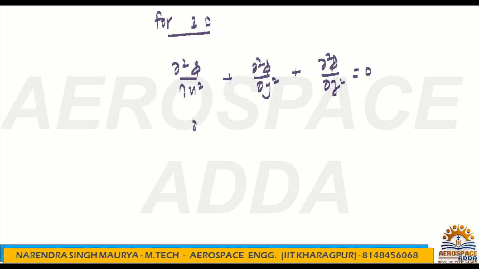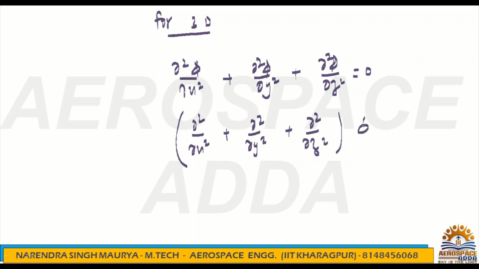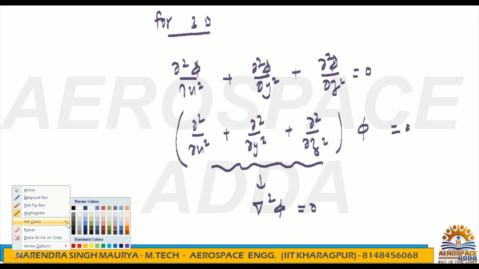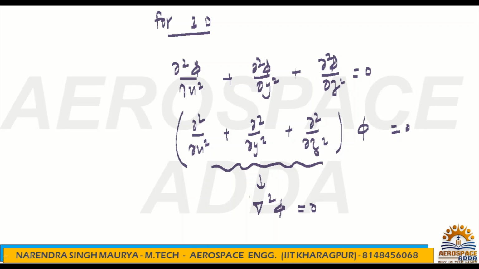Now you can see this is nothing but (∂²/∂x² + ∂²/∂y² + ∂²/∂z²) φ equal to 0. If you see, this is the Laplace operator, grad square. Grad square φ is equal to 0. Now if you are getting grad square φ equal to 0, this is called the Laplace equation.